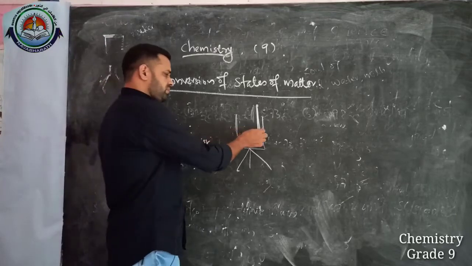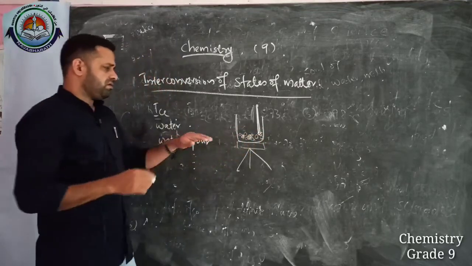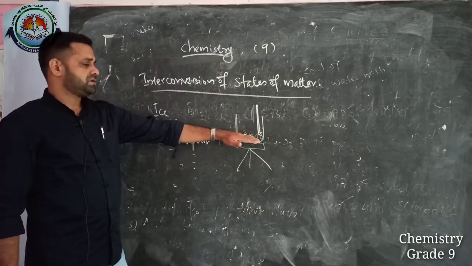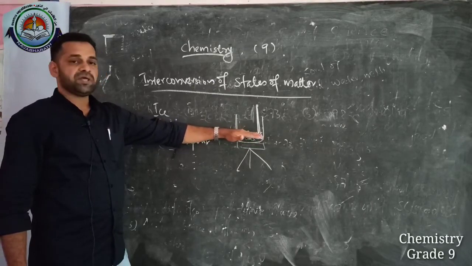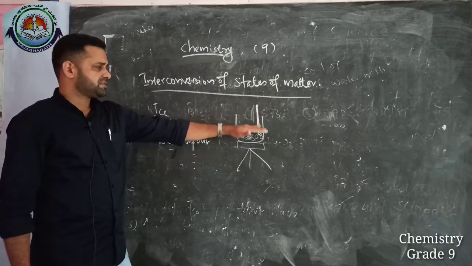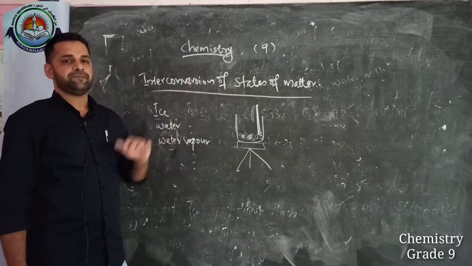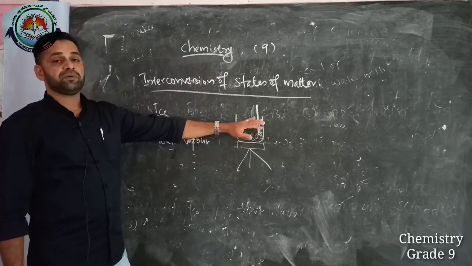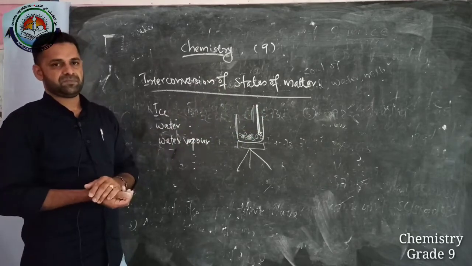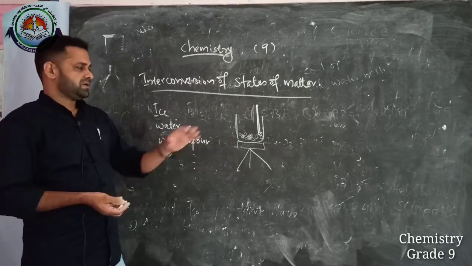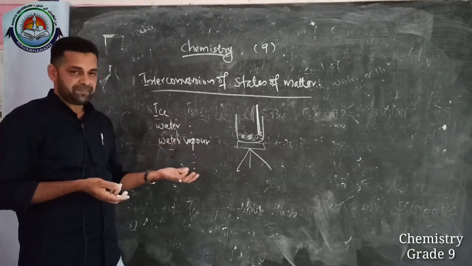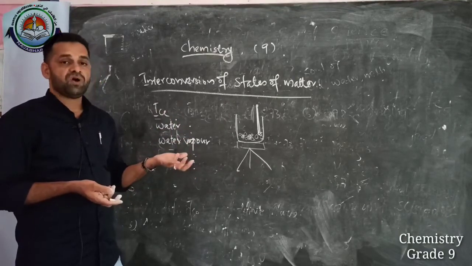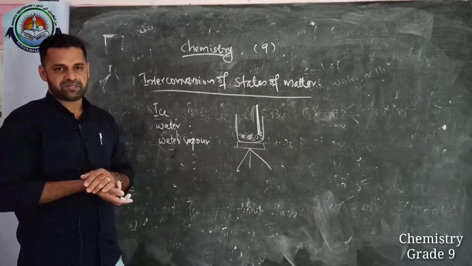And when all the ice cubes are melting, it is found that the temperature of the thermometer remains the same. So that is happening here. What is the reason for this? What is happening to the particles of matter when we are heating?